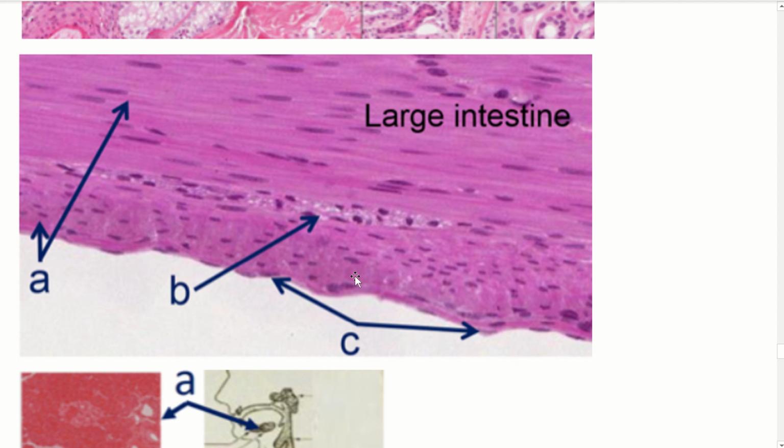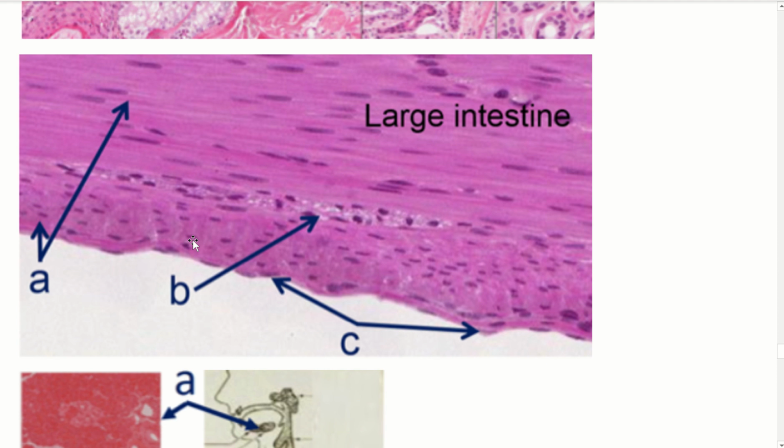This one is the large intestine, and so this is the outside of the large intestine, and we can see we've got these two different layers of smooth muscle. These are two layers of smooth muscle, so one's going this way and one's coming at you. So A would be pointing to those two layers of smooth muscle, and remember we call that the muscularis externa.